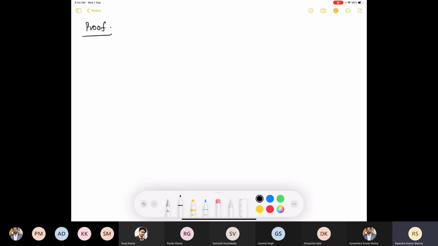Proof is simply the application of the property of the inner product spaces. So this alpha u plus beta v, and let us take this is w. So this is the same for every u, v, w. This is alpha u comma w plus beta v comma w.